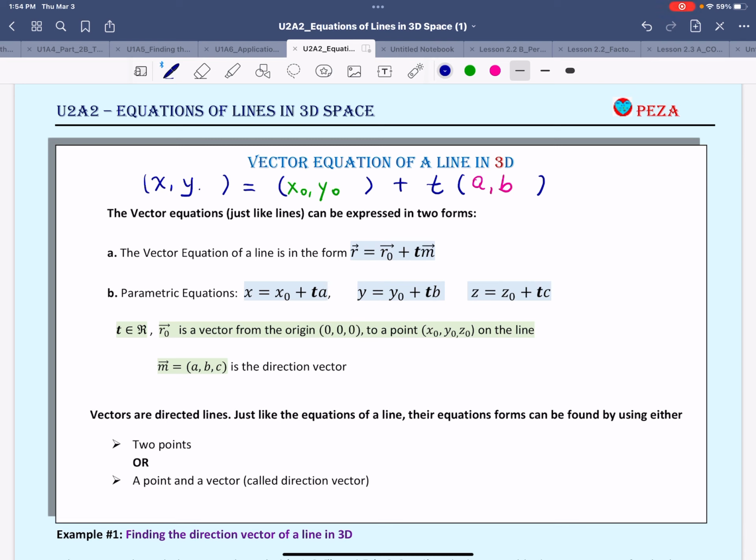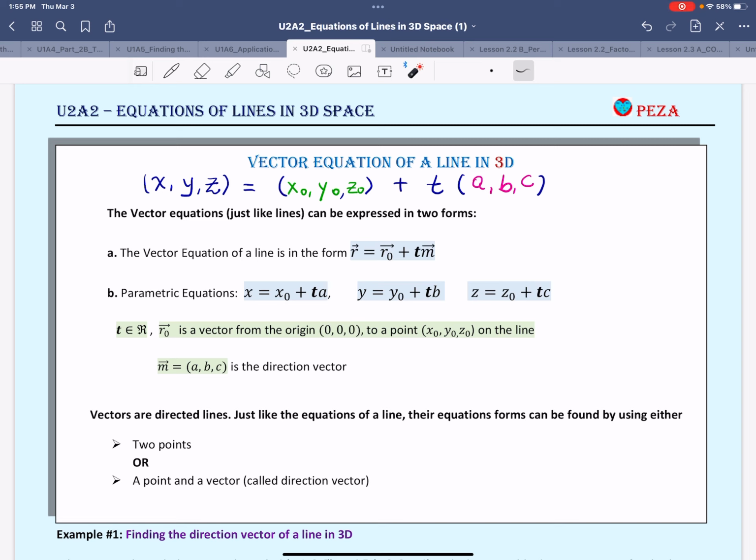So (x0, y0, z0) would be a starting point on the line, which would follow the direction vector, which again will have three coordinates. So we're going to add a third coordinate, and we're going to call it c.